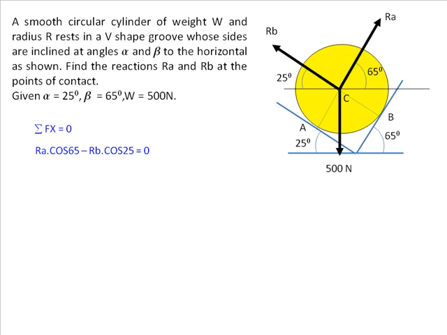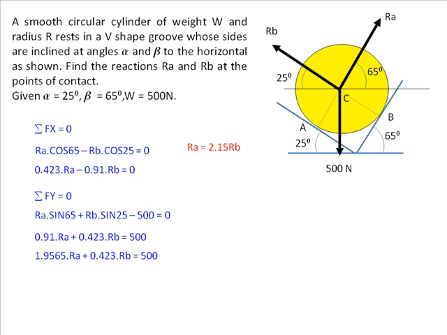So we write Ra cos 65 minus Rb cos 25 equal to 0. And sigma Fy equal to 0, that is Ra sin 65 plus Rb sin 25 minus 500 equal to 0. Solve the two equations and you get your Ra and Rb.